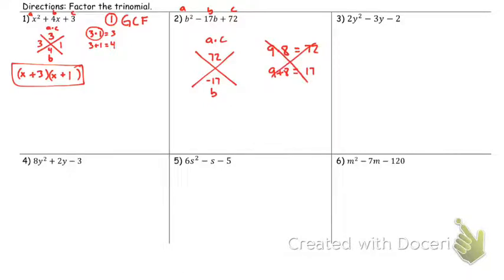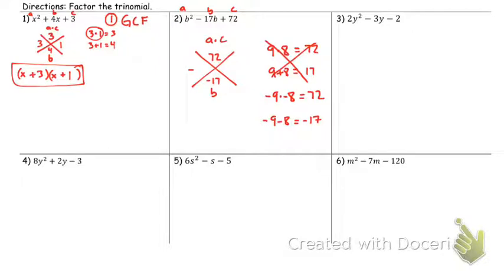What we need to do is do double negatives, because a negative times a negative is still positive when you multiply. When we add these guys together, it's negative 17. Okay, so my magic pair is -9 and -8.